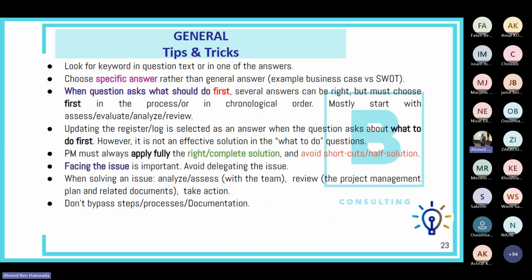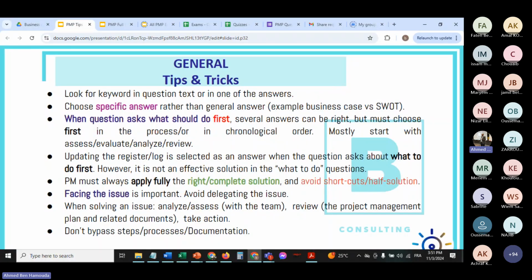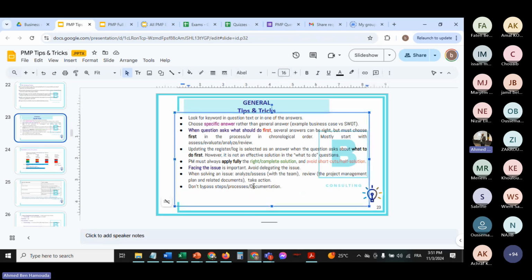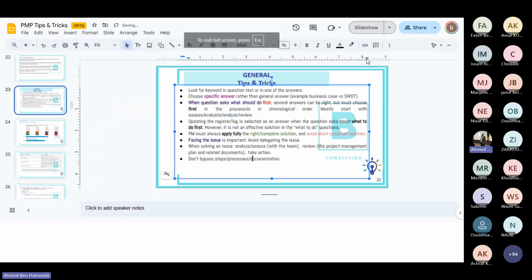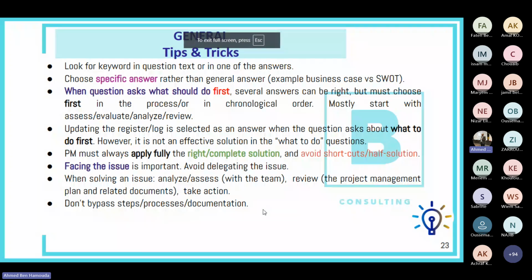For example, in the definition of done, to consider a user story complete, you may need to conduct user acceptance testing, prepare certain documentation, and conduct the demonstration, which must be successful. You cannot skip the documentation part. If the definition of done process indicates that you need to complete that documentation, then complete it. Don't bypass it. So don't bypass any steps or any processes or any documentation.